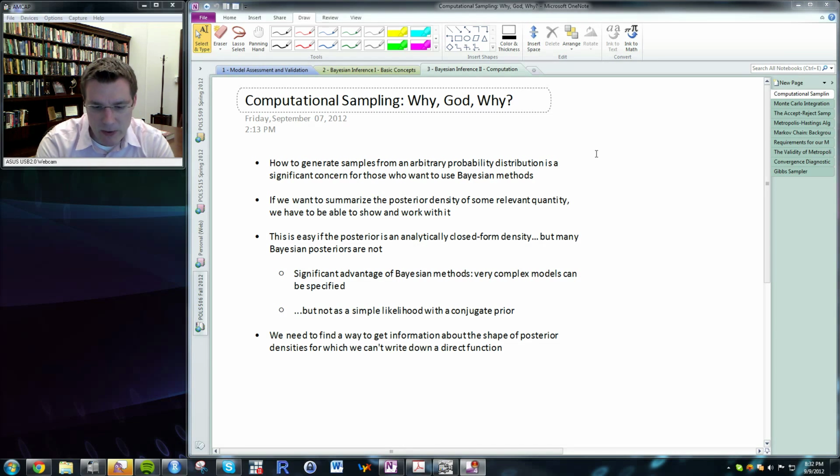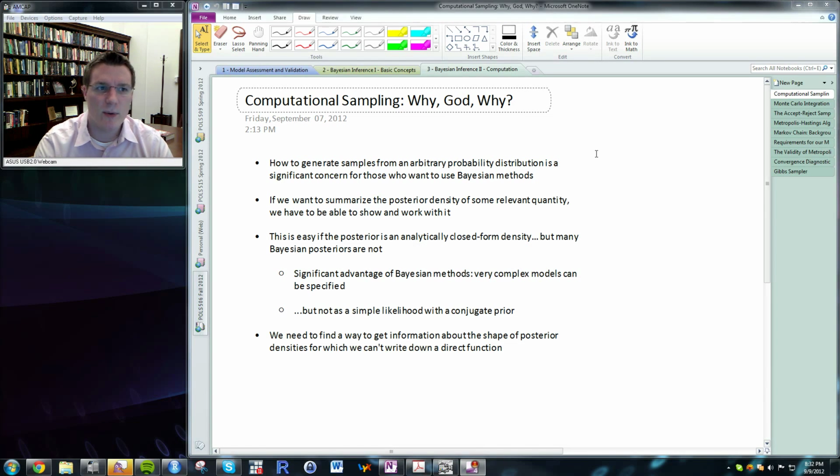Last week, to make a posterior distribution something we could work with, we combined a likelihood, which has a known analytical form, with a conjugate prior distribution, where the conjugate prior has a known analytical form, and the product of the likelihood and the prior is itself a known, analytically closed distribution.